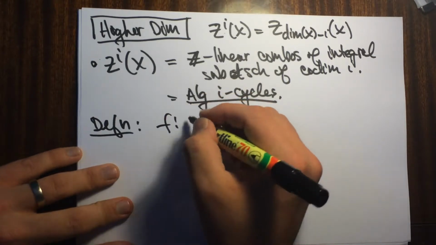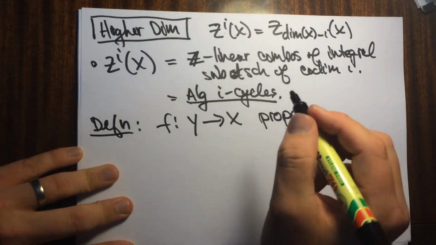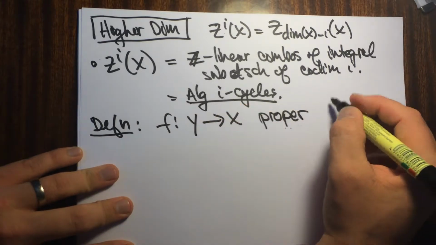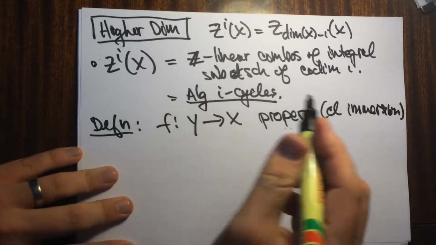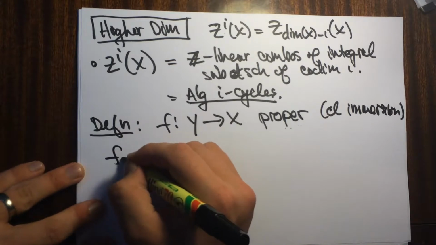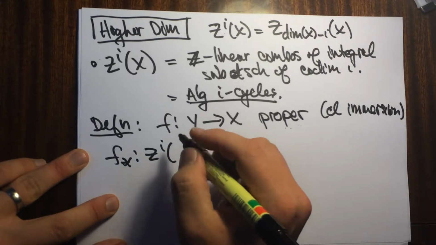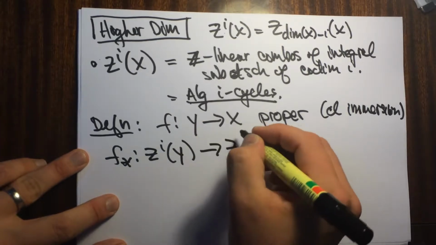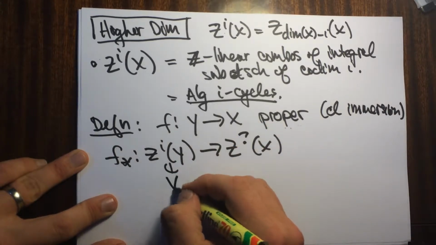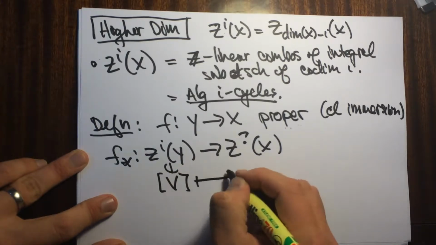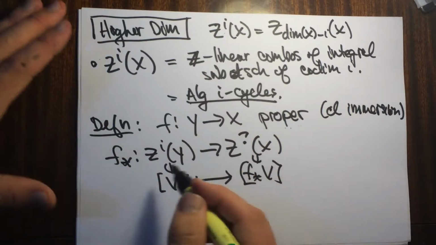If f from Y to X is proper, so you can think of it like a closed immersion, then we have a map from Z_i of Y to Z of something of X. I don't know what this something is, but what it does is it takes some class v, some algebraic cycle, and it just takes the image of v, because when you're proper, you take closed things to closed things, and this is what happens.